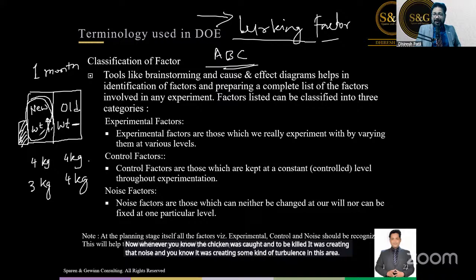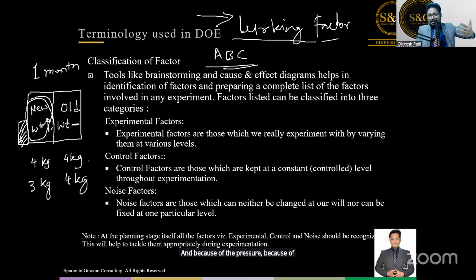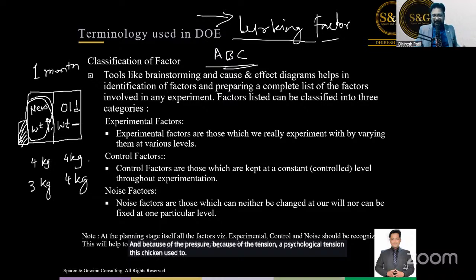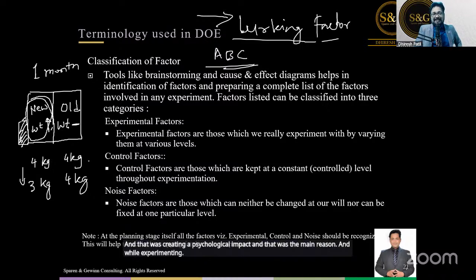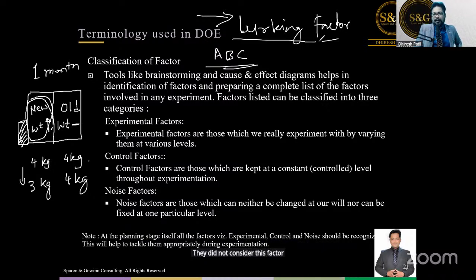Because of the psychological tension, the chickens used to run around for safety, and that created a psychological impact, which was the main reason. While experimenting, they did not consider this factor, and that is called a lurking factor.